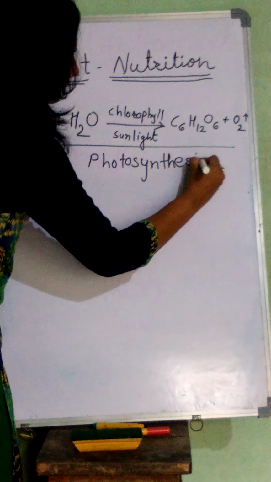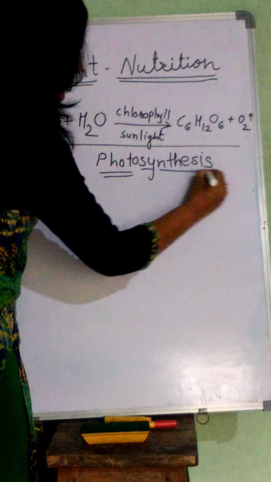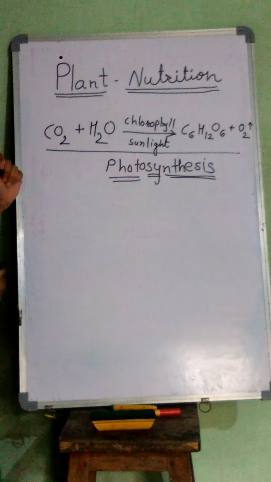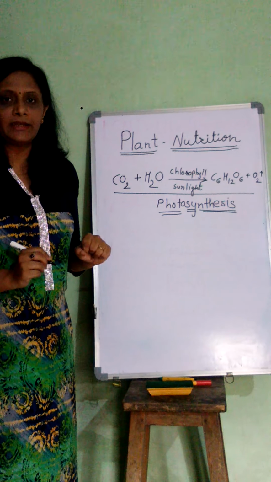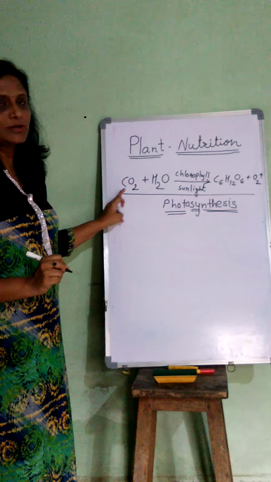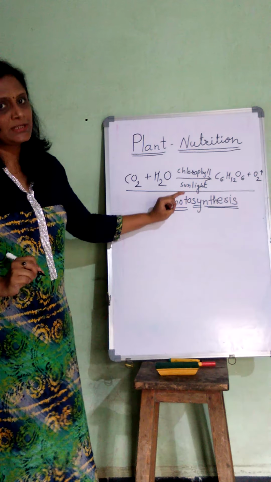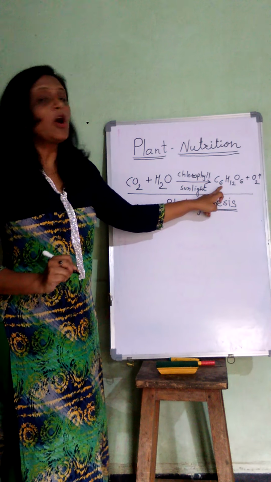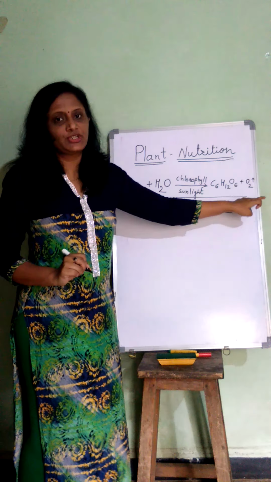So the name itself suggests: photo means using sunlight, synthesis means to prepare. So they prepare their own food with the help of sunlight, with the help of inorganic substances like carbon dioxide and water inside the chlorophyll. In presence of sunlight, they prepare organic substances like glucose and release oxygen out.